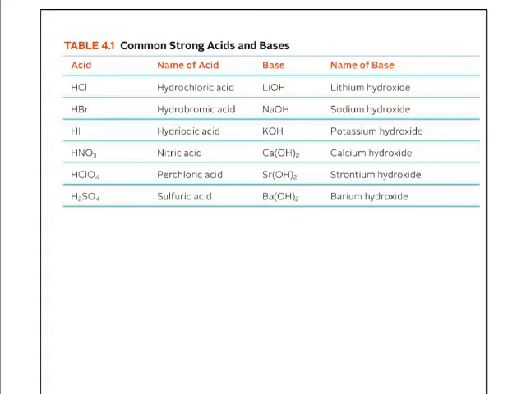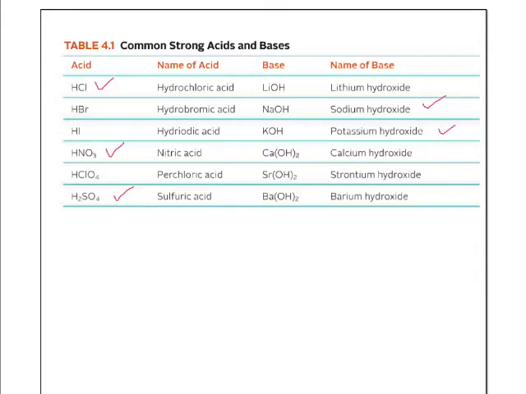In class we will run across hydrochloric acid, nitric acid and sulfuric acid, and I would be surprised if we used any hydrobromic, hydriodic, or perchloric acid. In terms of the bases, it's conceivable we would at some point see all of these. However, far and away the 2 that are most common are sodium hydroxide and potassium hydroxide.